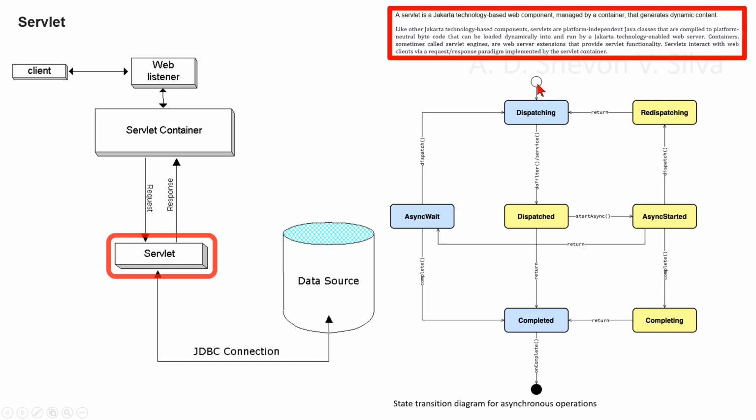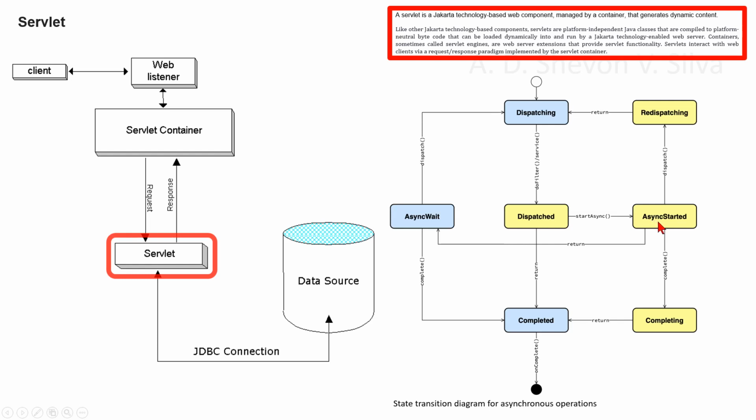Here you can see starting is connected to dispatching. Dispatching is connected to dispatched state. The doFilter or service method is passed from dispatching to dispatched state. Dispatched state is connected to async started state or completed state. Start async is passed from dispatched to async started state.